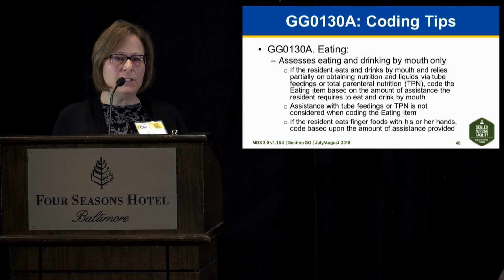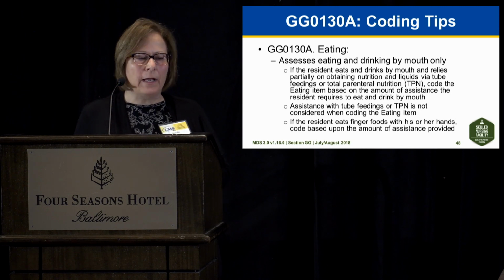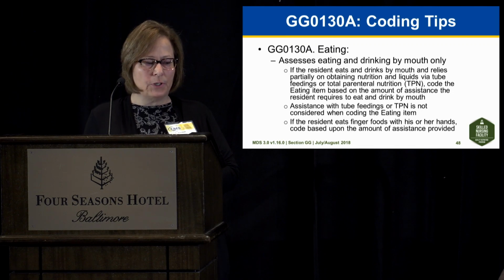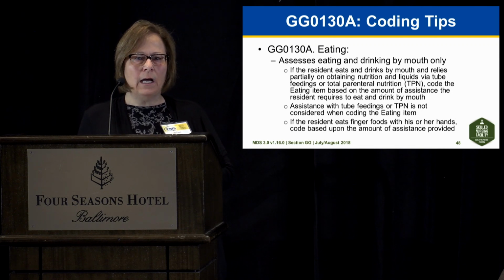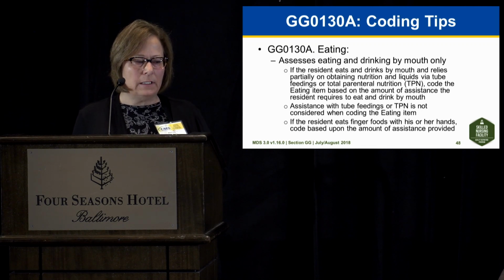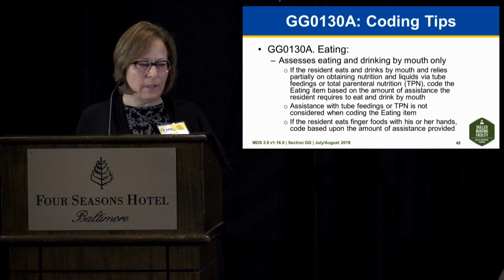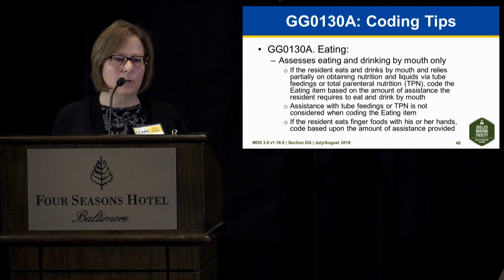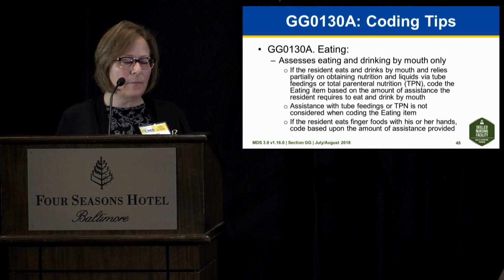If the resident receives some nutrition by enteral or tube feeding or total parenteral nutrition, you want to code the eating item based on the amount of assistance the resident requires to eat and drink by mouth. Assistance with tube feeding or TPN is not considered when coding the eating item.